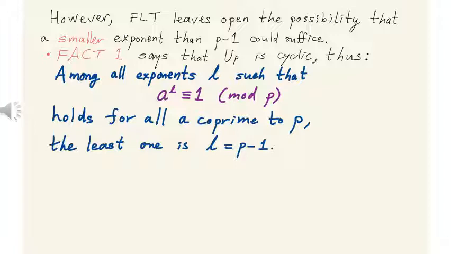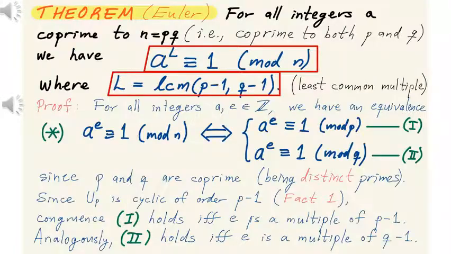that no smaller exponent actually satisfies this. All right, so the next step is talking a little bit about what happens when you move from modulo a prime p to modulo n, which is equal to p times q, the product of two different primes. And this is one theorem of Euler, not a major theorem. Euler has many different theorems named after him.